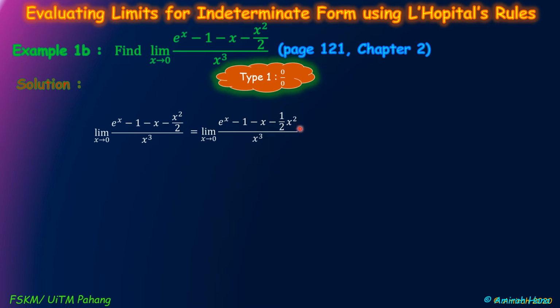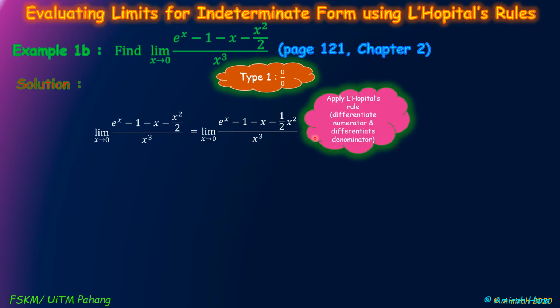Then we apply L'Hopital's rule. Differentiating the numerator, e to the power of x gives e to the power of x, minus 1 gives minus 0, negative x gives negative 1, and one half x squared, using the power rule, gives x. Differentiating the denominator, we get 3x squared.